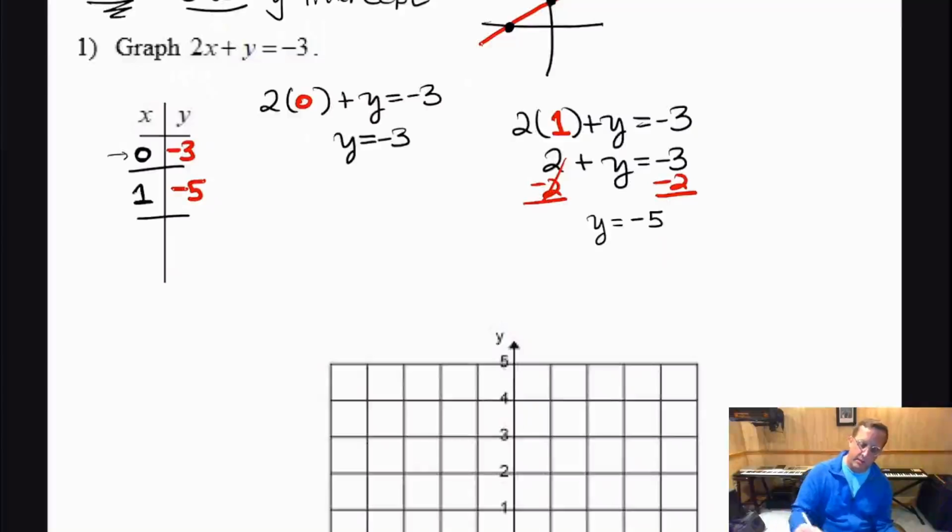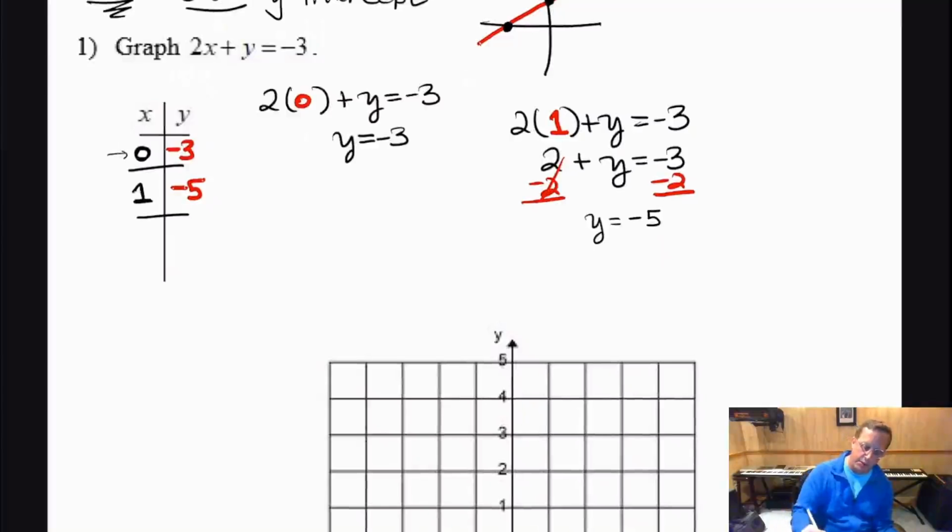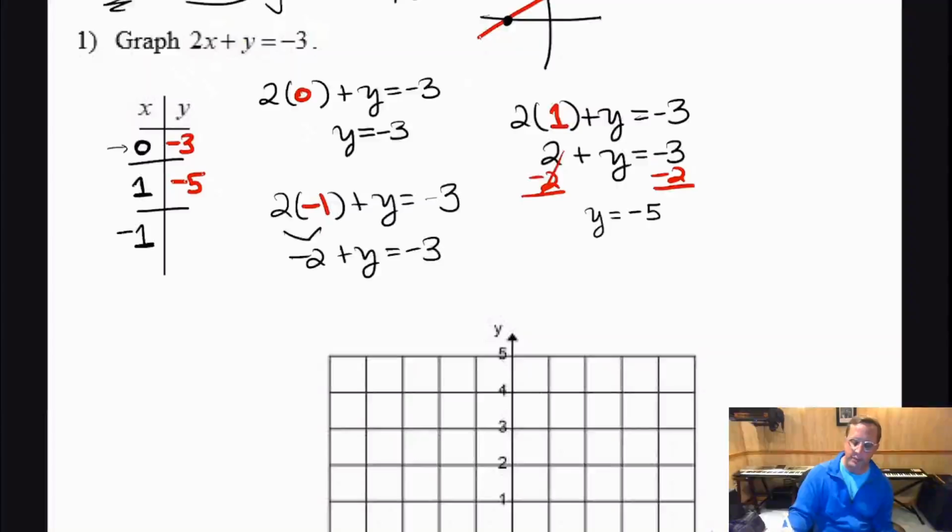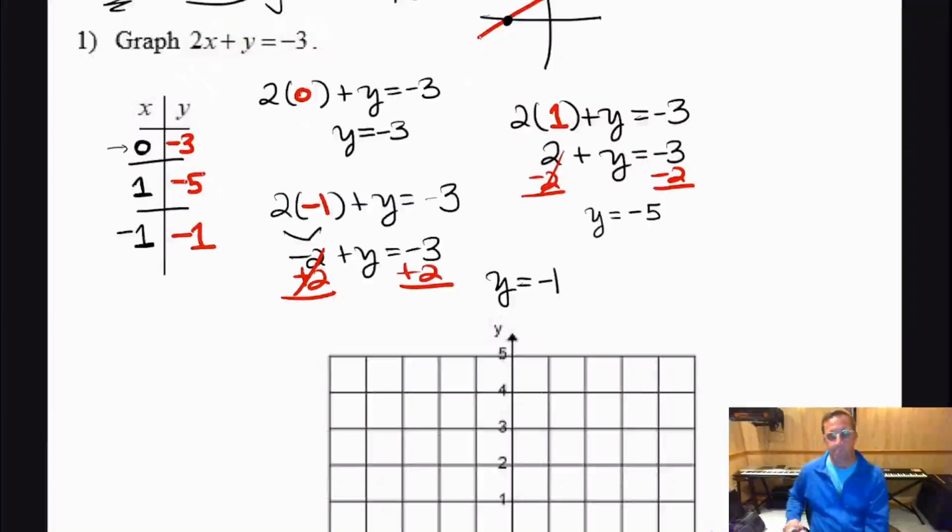And then just to switch things up a little bit, I'm going to use -1 for an independent variable. So 2 times -1 is -2. We got -2 plus y equals -3. And then just add 2 to -3, and you get y equals -1.